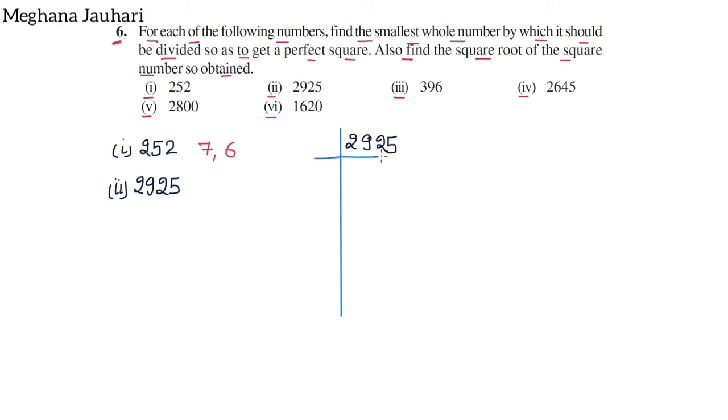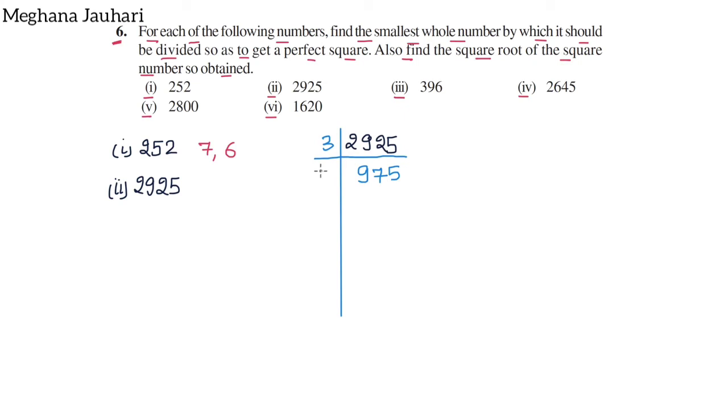Check whether it is divisible or not. Yes, it is. 3 times 9 is 27, 2 carry, 7 times 3 is 21, 1 carry, and 5 times 3 is 15. Right? Again check that this is divisible by 3 or not. Then only we will proceed further.